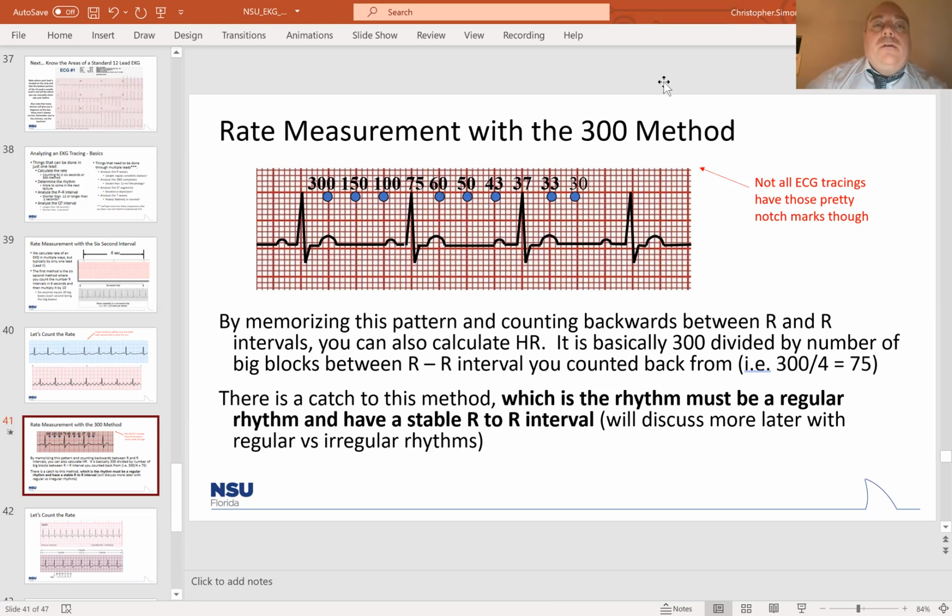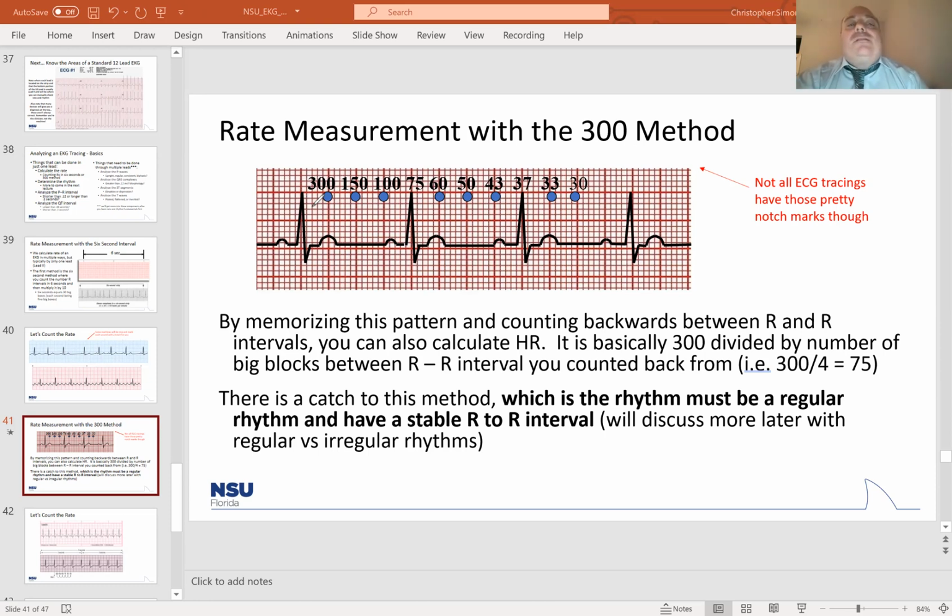So what we're going to do here is find an R wave that lines up right on a big box. So this is a big box right here, okay? That's a big box. And that R wave pretty much lines up right on that box, okay? We're doing that to make our lives easy, all right?